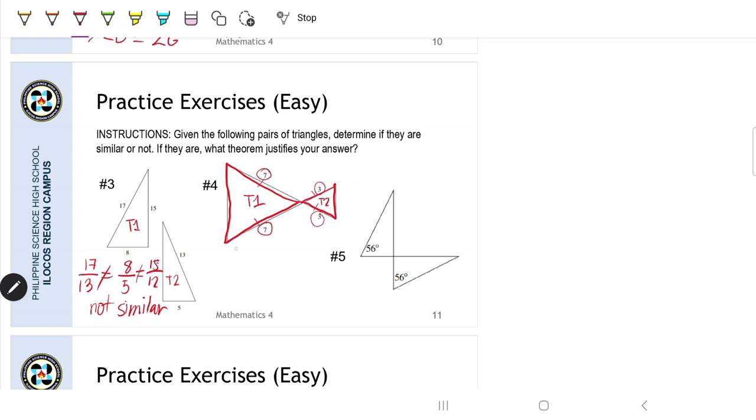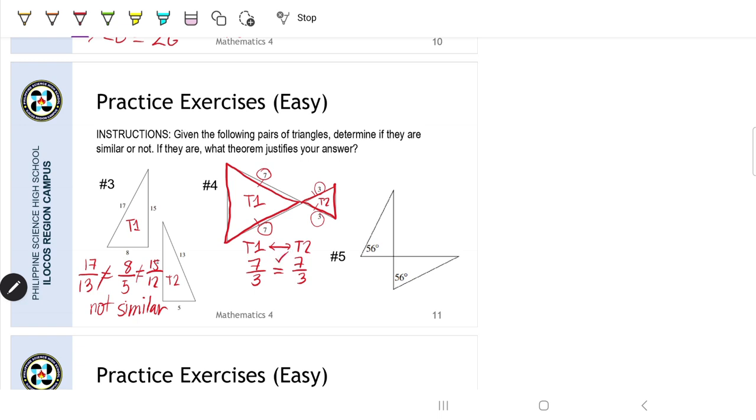And if we look at the correspondence between T1 and T2, we can form the proportion of their sides. So 7/3 for one leg, and another 7/3 for the other leg.